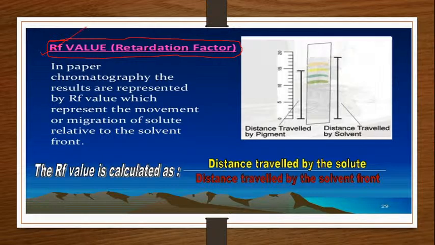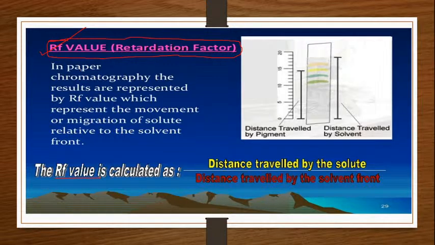There are practicals with respect to paper chromatography and TLC also, where you need to calculate the RF value, the retardation factor, the capacity of the stationary phase to retard. In paper chromatography, it is the capacity of the paper or stationary phase to retard the different components of the sample that is the retardation factor, and how you are going to calculate it is the basis of this RF value.